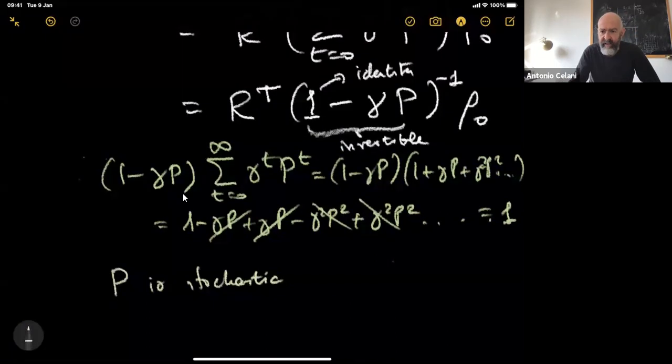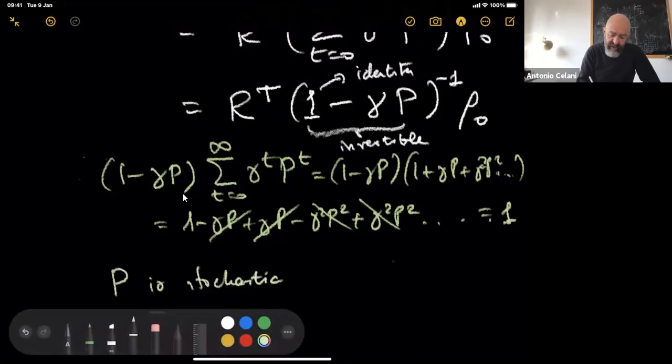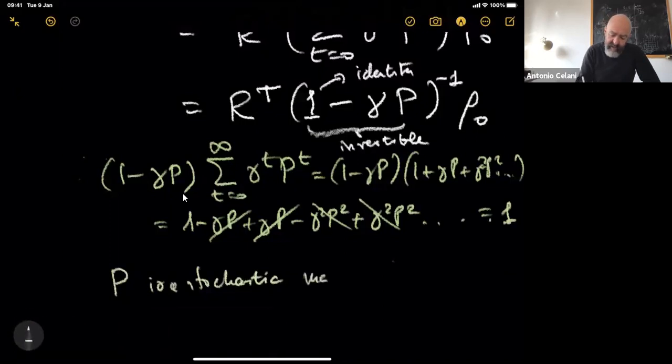We constructed it like that. So it's positive, and the elements of each column must sum up to 1, which is probability conservation. This is the definition of what a stochastic matrix is. So P is a stochastic matrix.